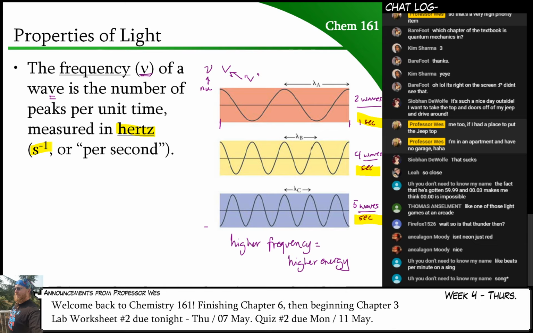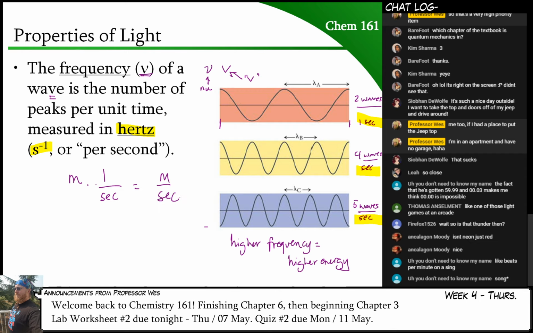Now, if I take how many waves I have for this photon, and I multiply that by its wavelength, then what I end up getting is a speed. Because if I have something that moves, or it has a wavelength of some length, and I times it by something that has some frequency, I get a velocity.